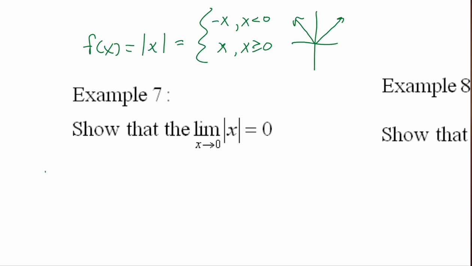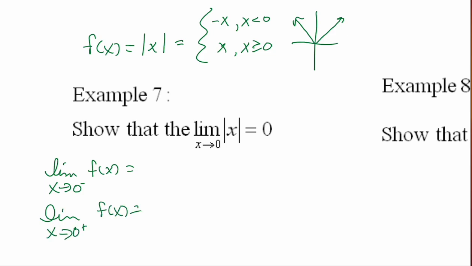So let's look at the limit from the left and the limit from the right. Let's approach it from both ways. From the left, we know that that side of the graph, because of the piecewise function, is heading to a height of 0.